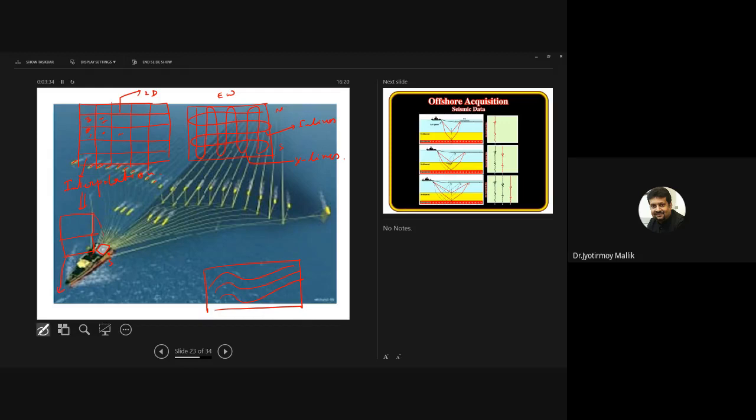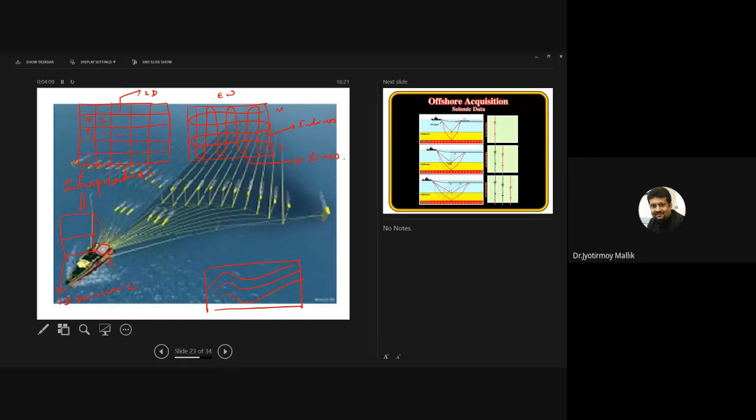This is what we call 3D seismic. So 2D seismic is seismic shot on individual lines, it could be an inline or a cross line, and then you can interpolate that data to cover the missing data and create a 3D volume.